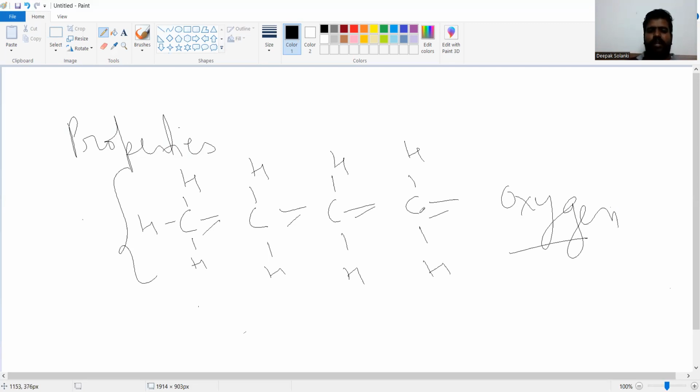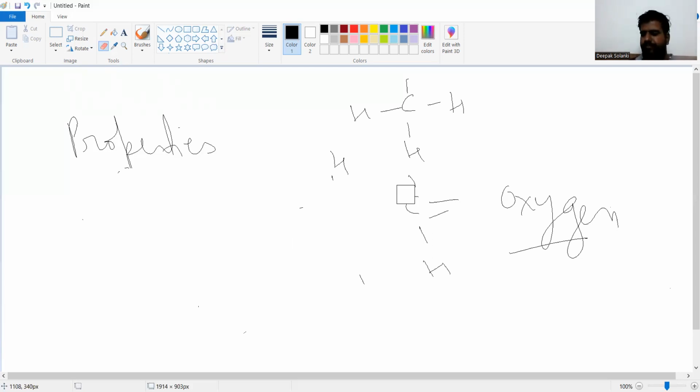So the bonding between carbon atoms in a straight chain, or here a branch will be present and it will be a branched chain. So it is the property of catenation. This property is very common and very useful for carbon.